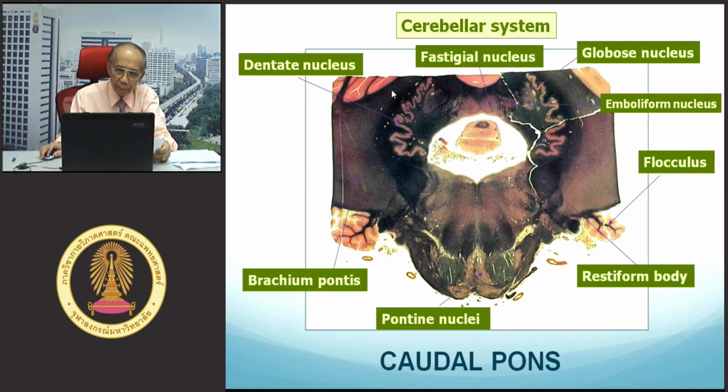At the cerebellum we will see 4 pairs of deep cerebellar nuclei, including from medial to lateral, the fastigial nucleus, the globose nucleus, the emboliform nucleus, and the dentate nucleus. Here the flocculus is a part of the archicerebellum.